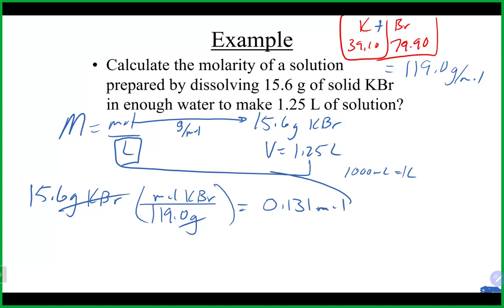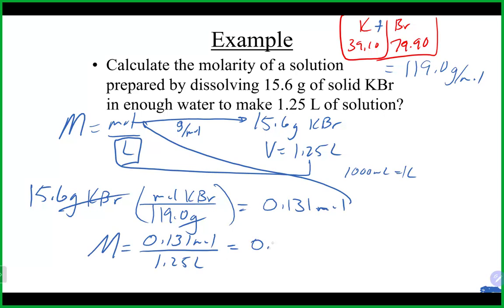That now is the top part that we need. So to figure out our molarity here, it would be our moles, 0.131, divided by our volume in liters, which it already is. And that's going to get us here, it's like 0.105.